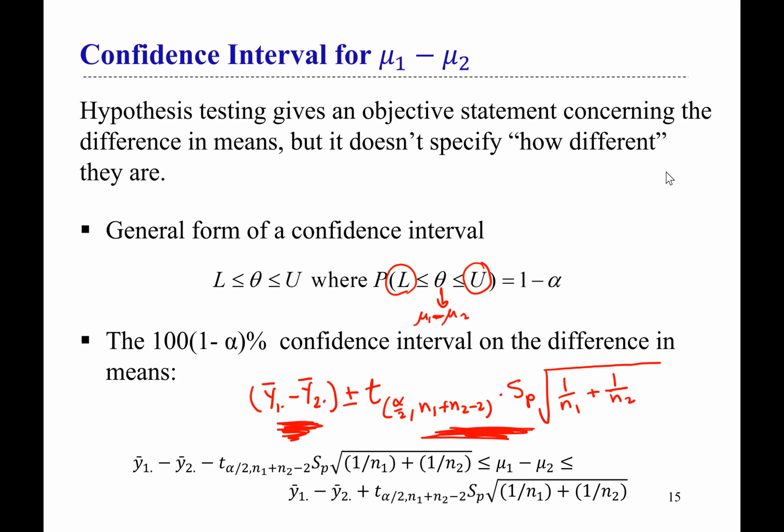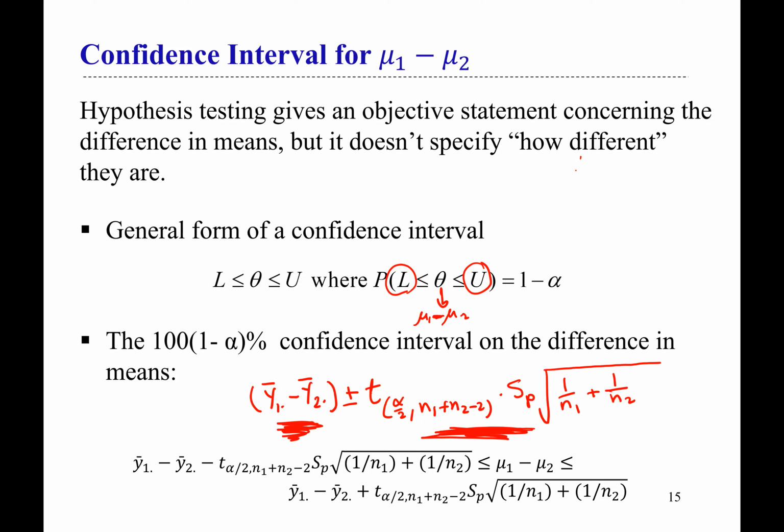You know y1 dot bar, y2 dot bar, you know Sp already calculated before, you know n1, you know n2. The only number you don't know is the t value. How do I calculate t? You don't need to calculate t, you need to find it from the t distribution table.